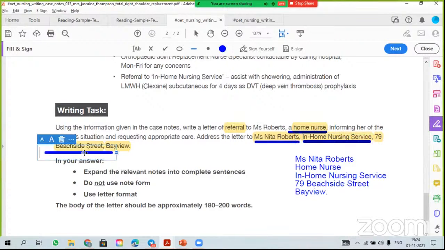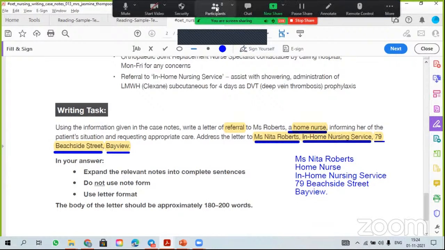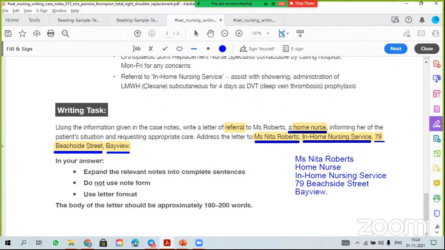Number 4 is the street address, a part here and a part here. Okay, 79. Yeah, that is it. And number 5 is Bayview. So these are the 5 things you have to notice. First one is name of the nurse.